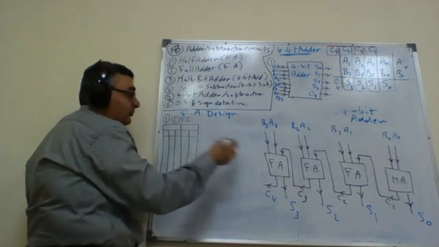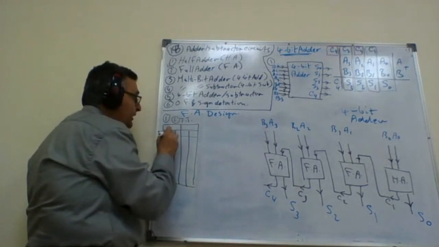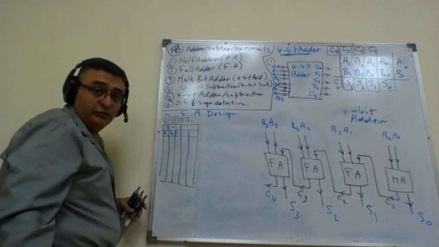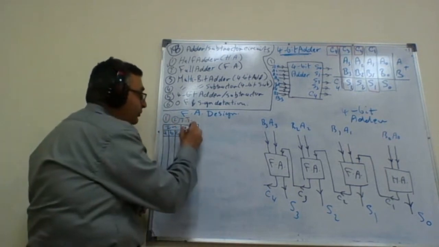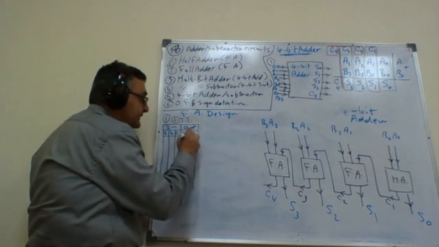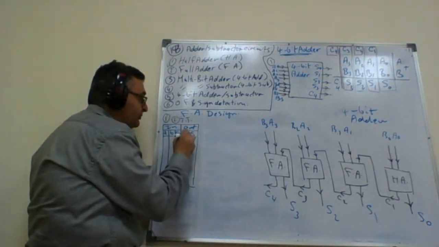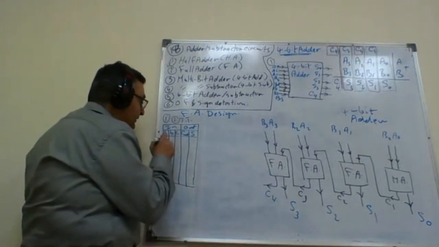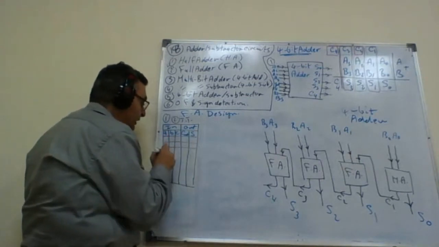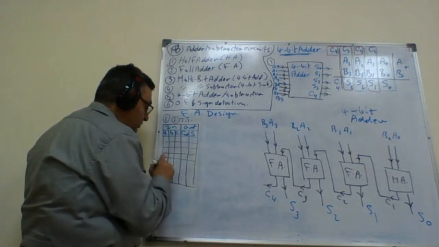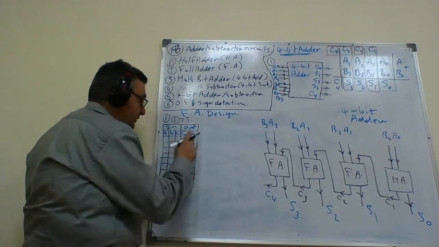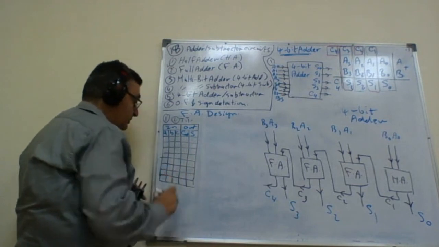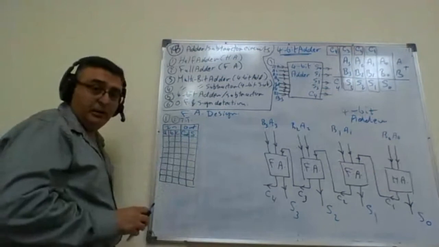So I will call the inputs A, B, and C as the inputs for the full adder. And the outputs are S and C out. So the full adder circuit is a circuit that has 3 inputs and 2 outputs.